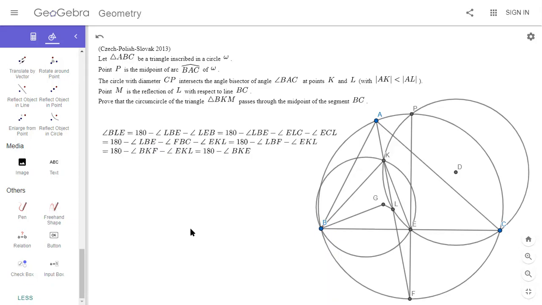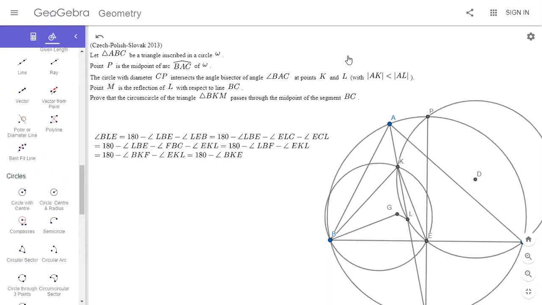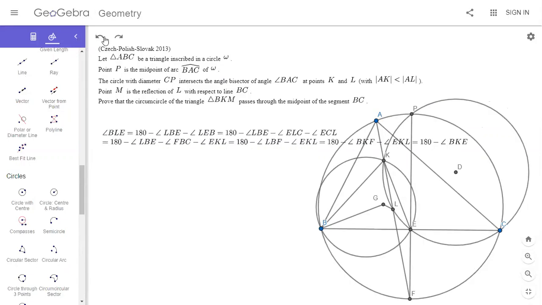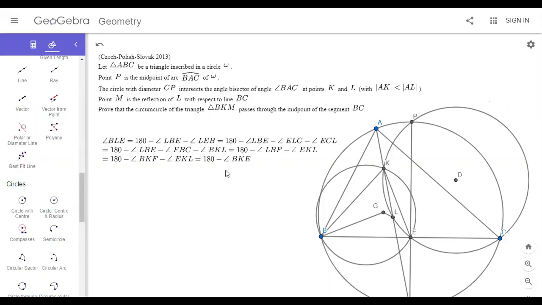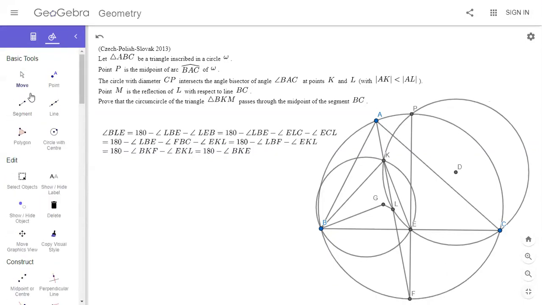So, all right. I'm sure it could probably be shortened somehow. I don't know, or maybe not. Maybe this is the shortest way to do it, but it is a pretty awesome angle chase.